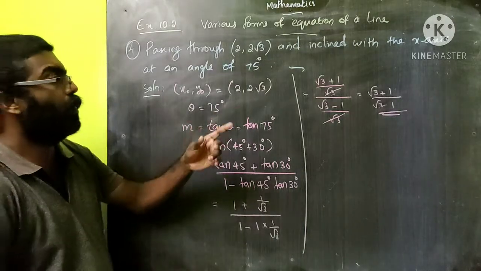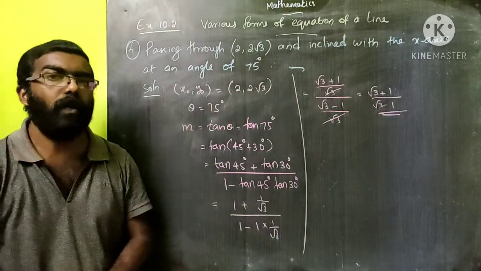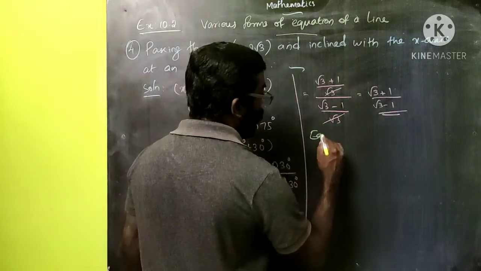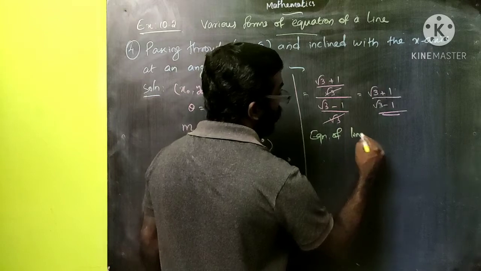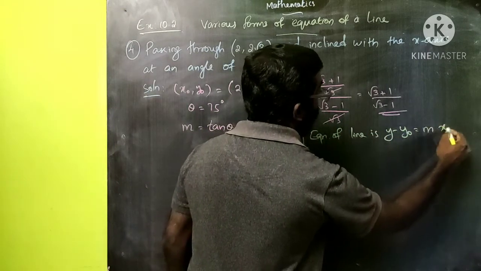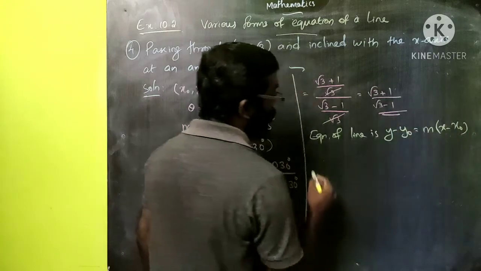Now using this slope and this point, we can write the equation of the line. Okay. So we can write the equation of line as y minus y0 is equal to m into x minus x0.